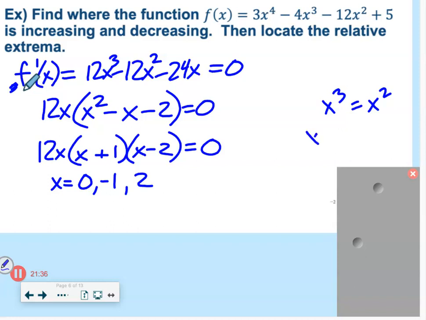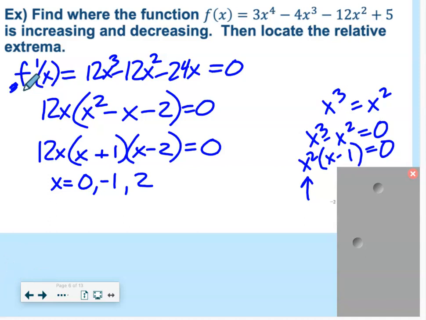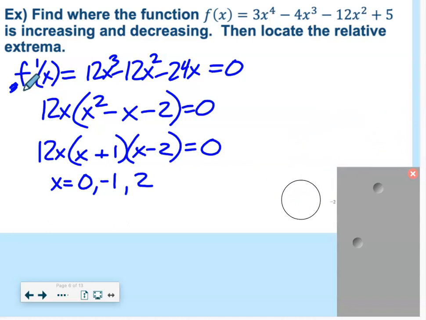You have to always move everything to one side and factor, because if you don't, you're going to lose a solution, right? We never divide out a variable ever. We always write all of our variables. When you have a cubic equation, 3 x's means you should have 3 answers unless one of them is repeated, right? So 3 critical numbers: 0, -1, and 2.